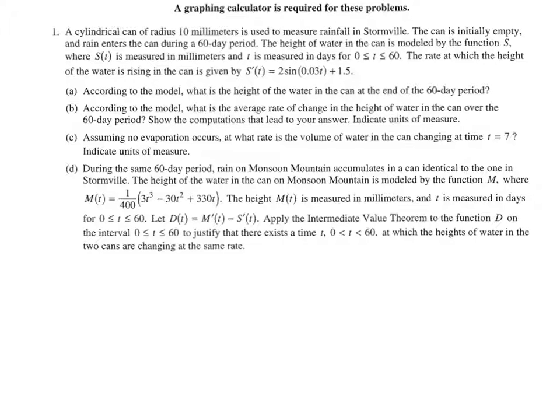Now, part B is an interesting question as well, because they want to know what's the average rate of change of the height of the water. Well, we have that formula where the average rate of change is 1 over b minus a times the integral from a to b of f of x dx.